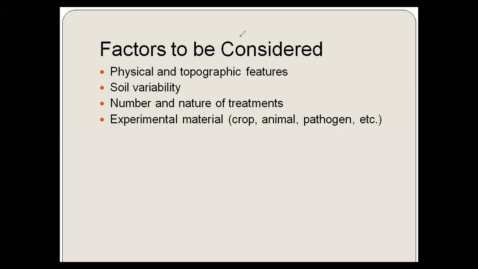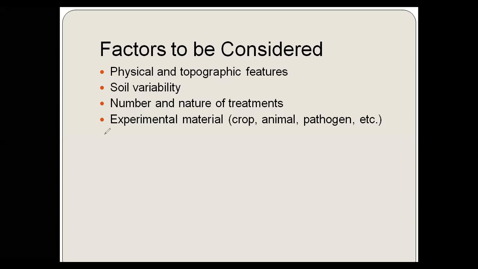So that is why we said the number of treatments is also important, and the nature of the treatment is also important. This is what we have already discussed. Nature of the treatment: we can't choose just any level that we want.